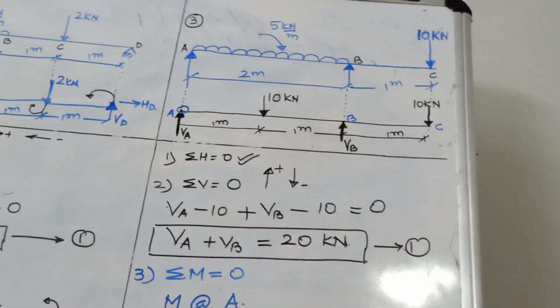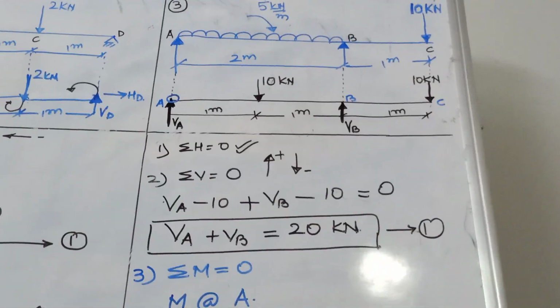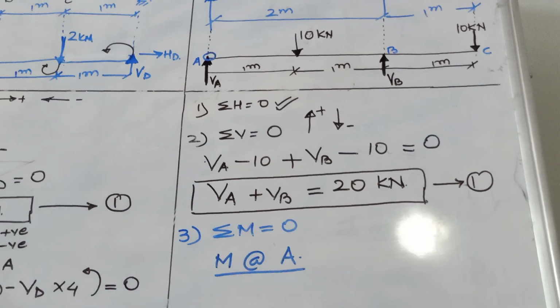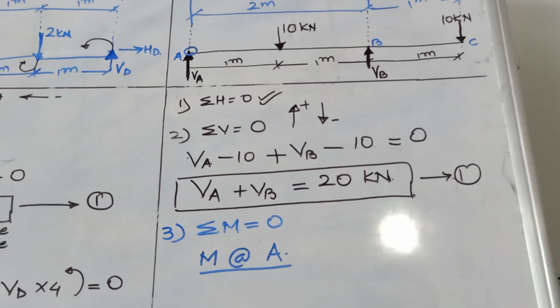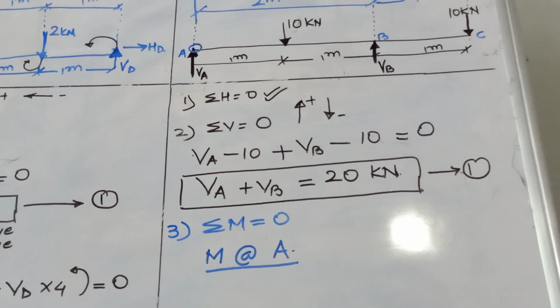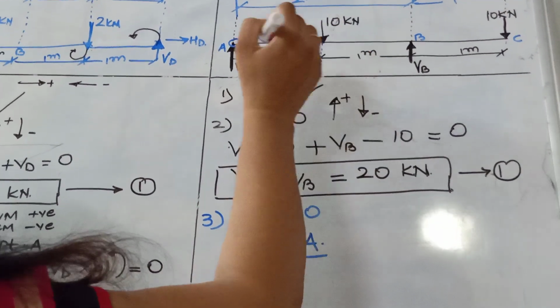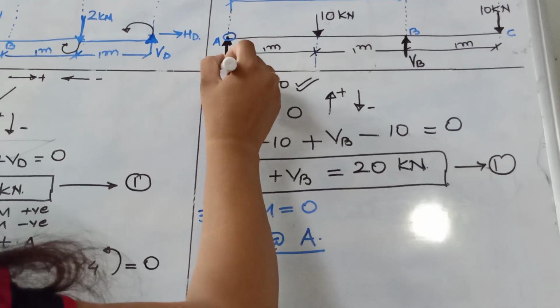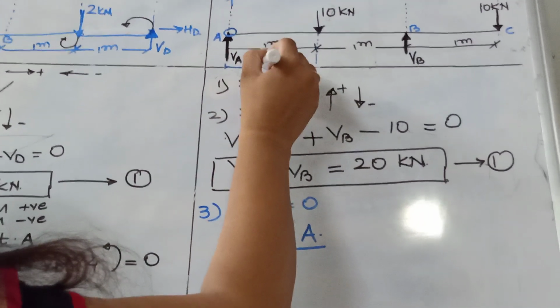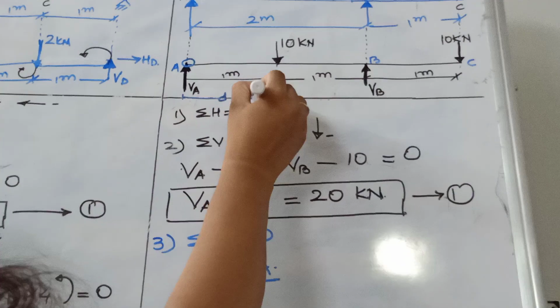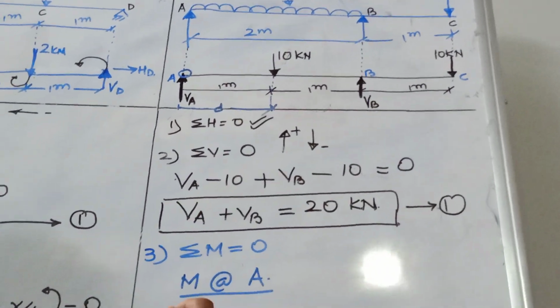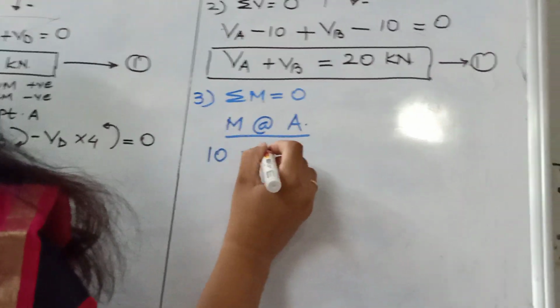Distance with respect to which point? The point where we are taking moment, which is point A. The line of action of 10 is this and the point is A, so this much is the distance. So 10 into 1.